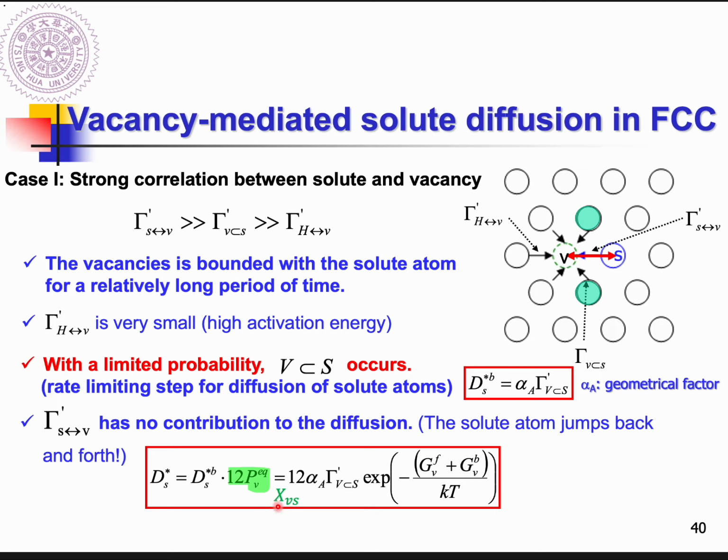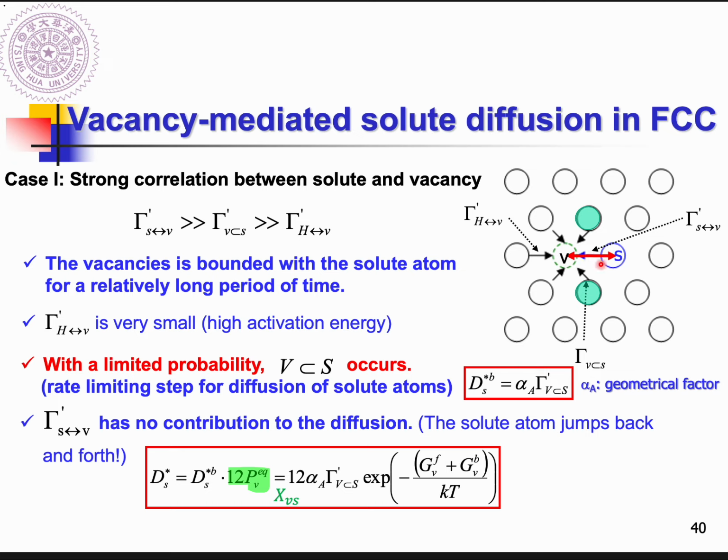So XVS is actually the probability of finding a vacancy times 12. The 12 is due to them being a group. If you put the solute atom at the center, the vacancy can be at the nearest 12 locations nearby the solute.